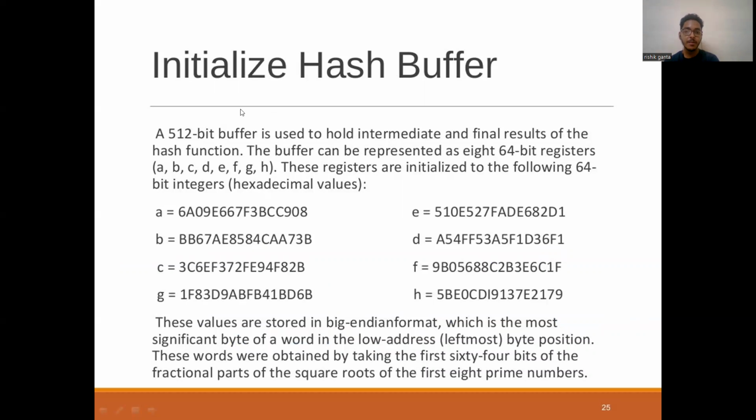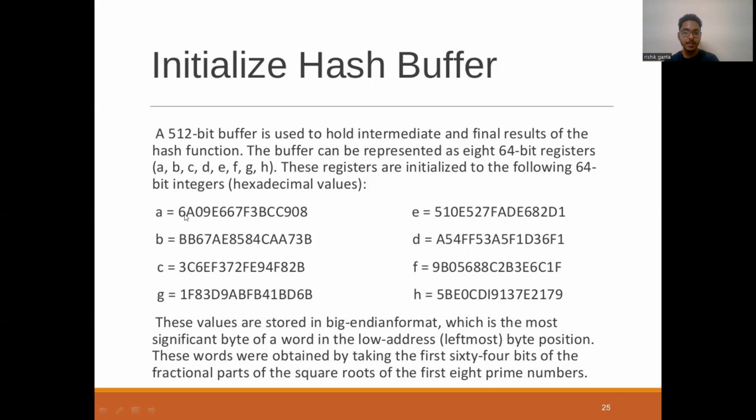Initializing the hash buffer. A 512-bit buffer is used to hold the intermediate and final results of the hash function. The buffer can be represented as eight 64-bit registers, which can be named A, B, C, D, E, F, G, H. These registers are initialized to the following 64-bit integers.